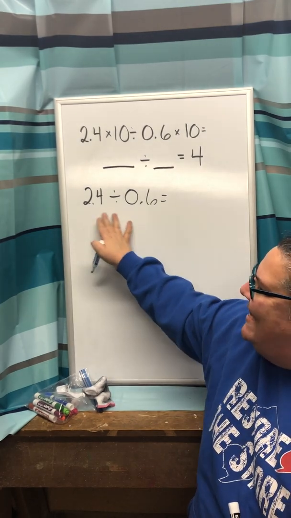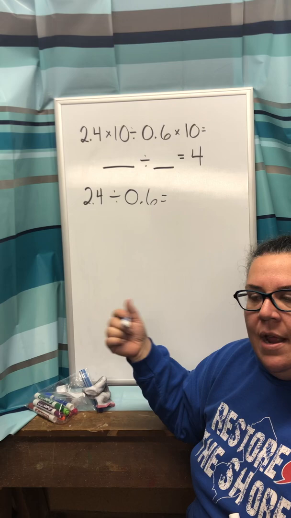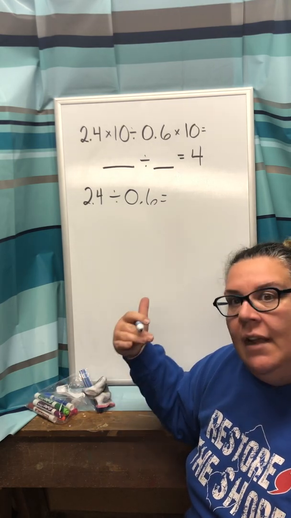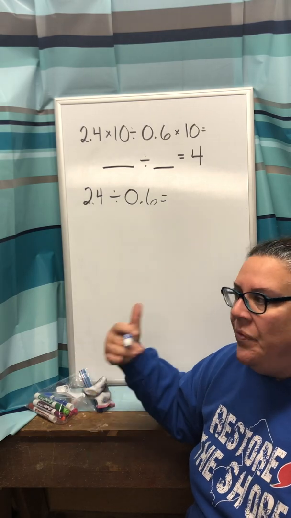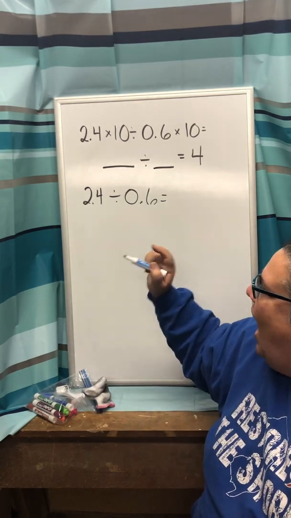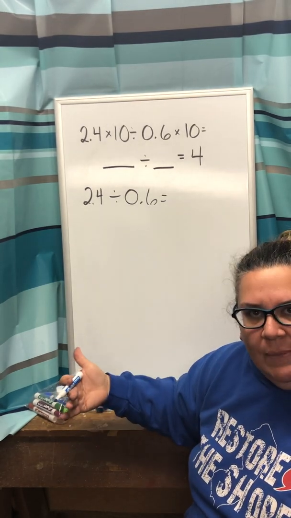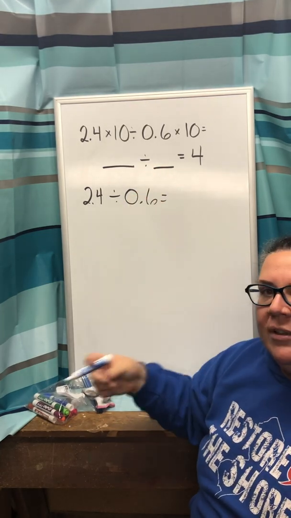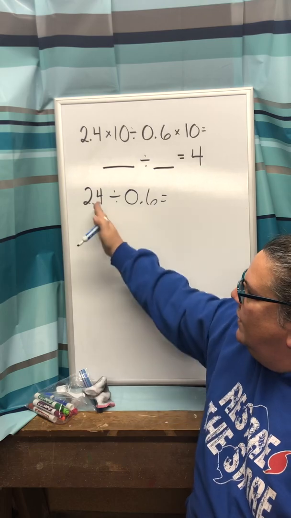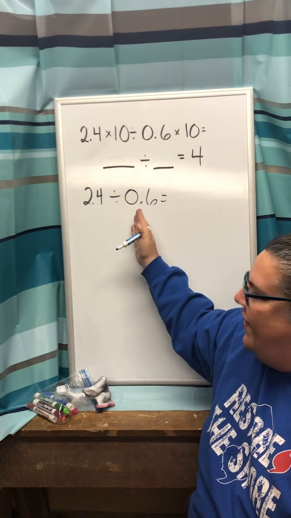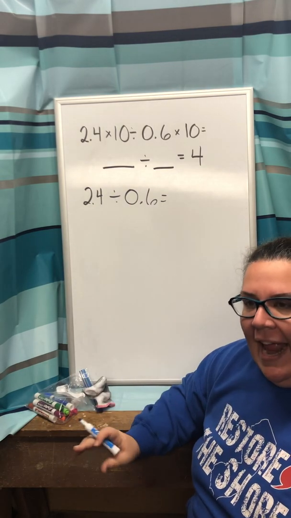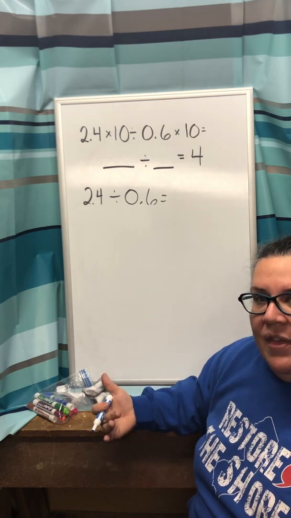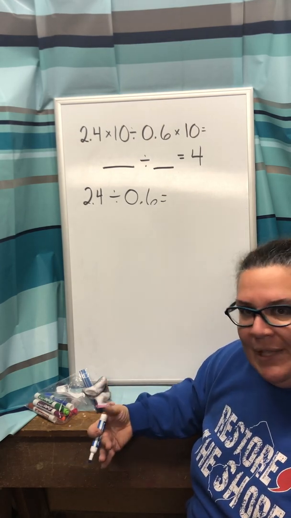And they're saying if I take that and I multiply it by the same power of 10, so it has to be a number like 10, 100, 1,000, and so on, then I can do the division without the decimals. So they're telling me up in the top number model there that if I multiply both parts, so the first part and the second part, by 10, and I have to have the same number on both sides, I'm going to end up with a number model minus the decimal.